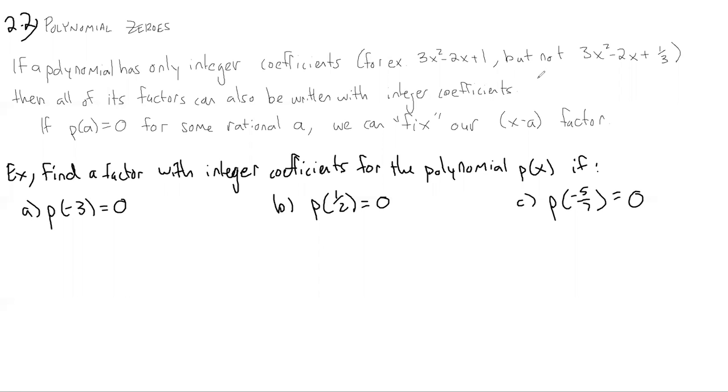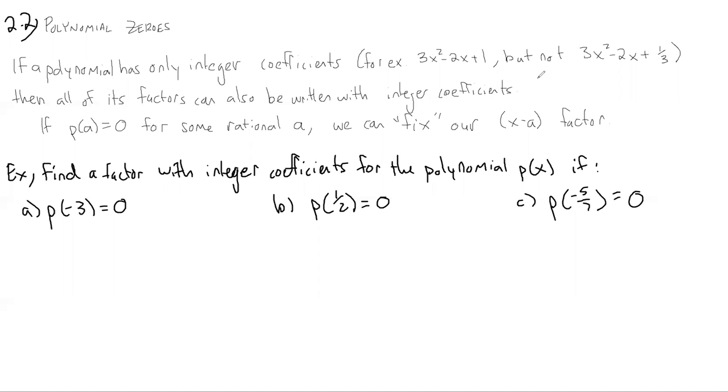In the last example, I had one with a rational number part, and we should be able to fix that. We might get some rational zeros, but we can fix the factors that go with them so that we are still only working with integers. We'll go over how we fix it.